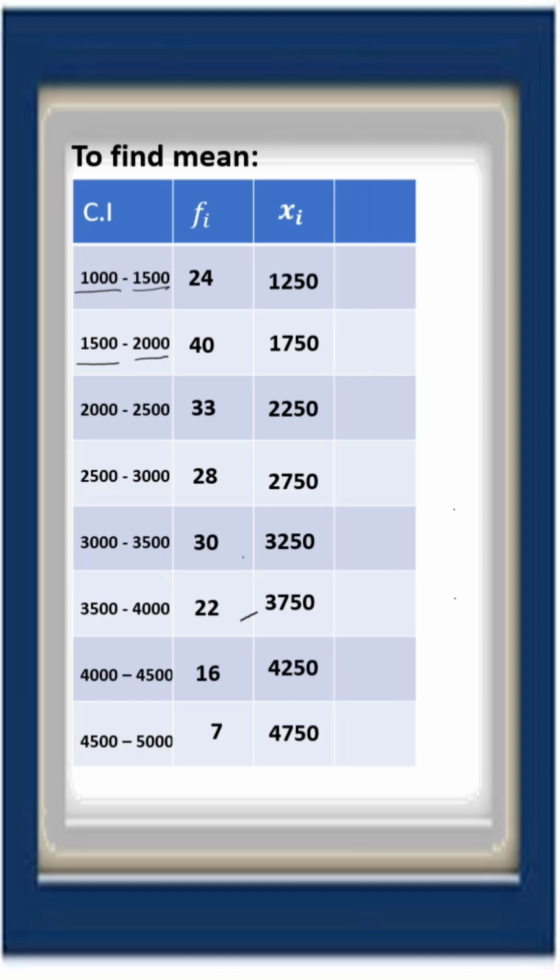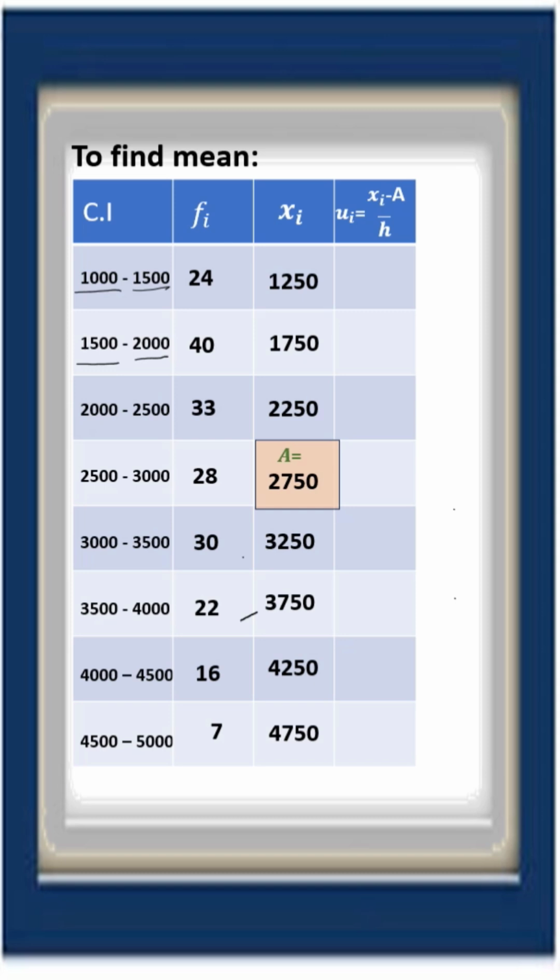We are following the step deviation method. Here you have to find ui, which is equal to xi minus a divided by h. So you have to assume a mean here. Let us assume 2750 as the assumed mean.